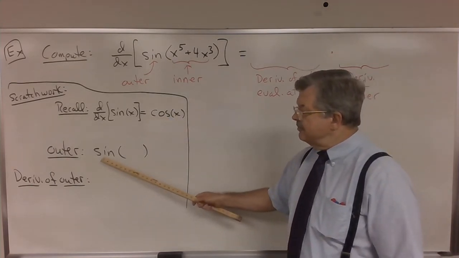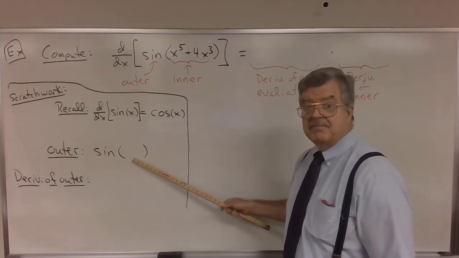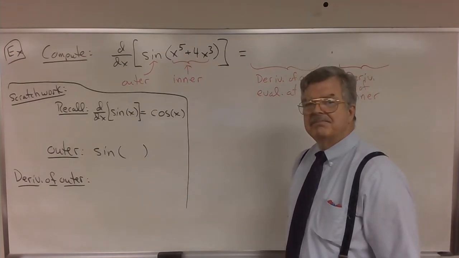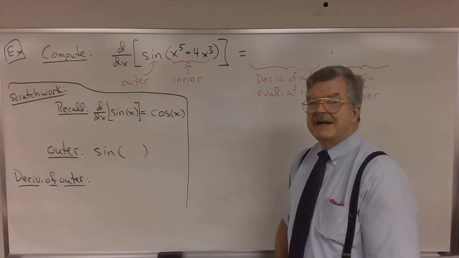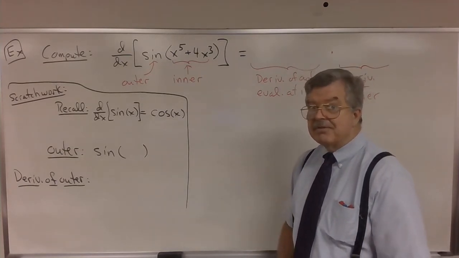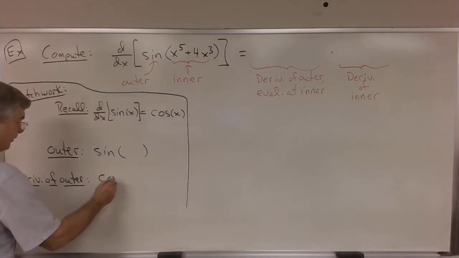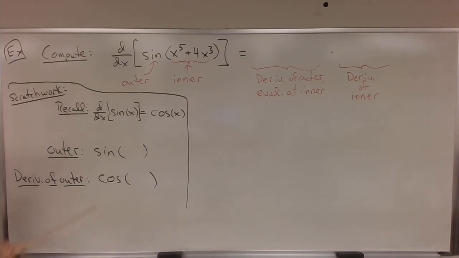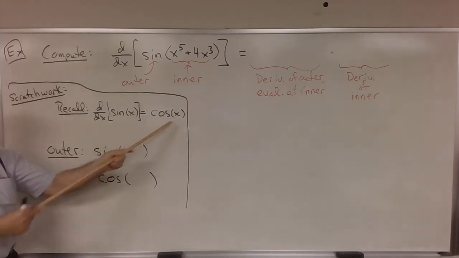So what's the derivative of sine evaluated at something? Wouldn't it be cosine evaluated at something? If that's what you're thinking, you're right. The derivative of sine evaluated at x is cosine of x.